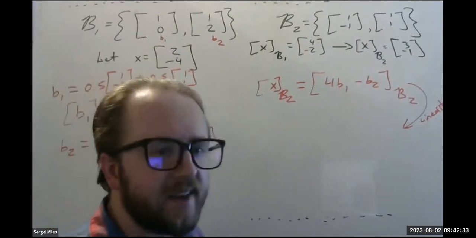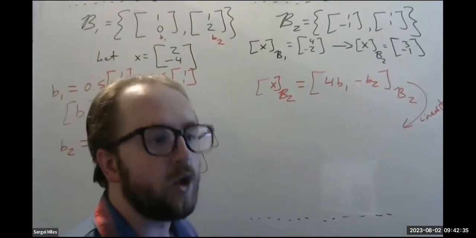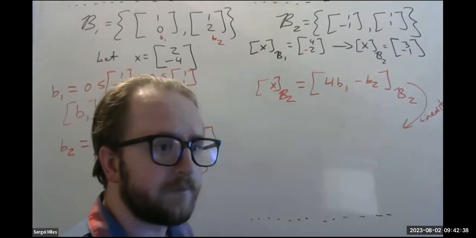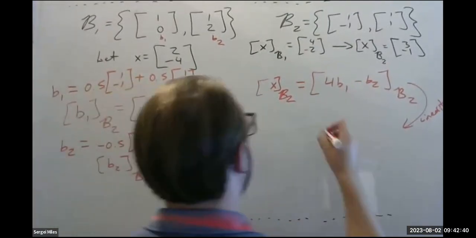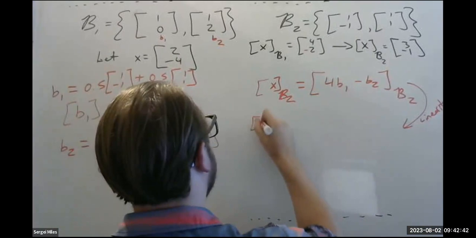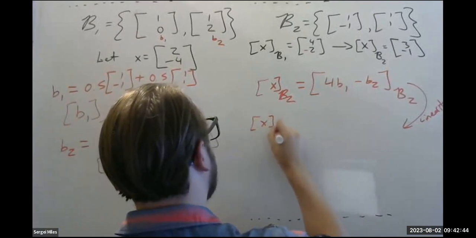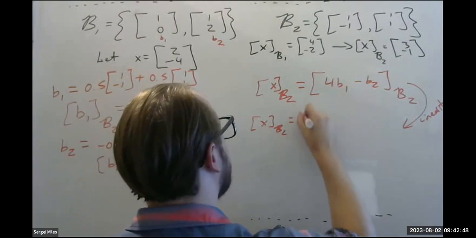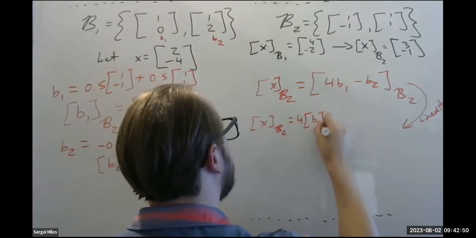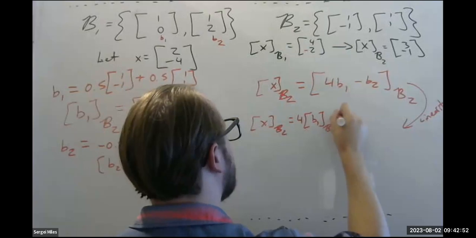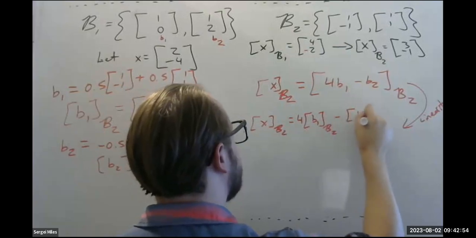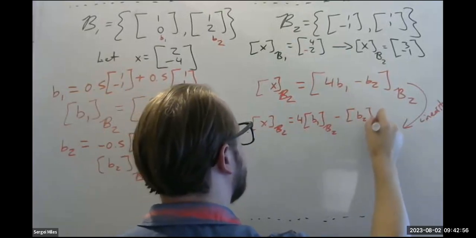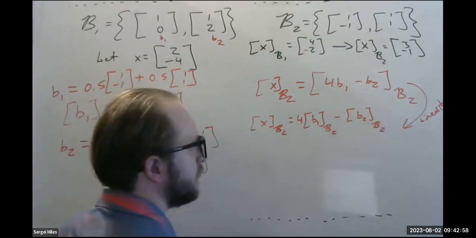Kind of. Okay, you get the idea. Bilinearity, we can do this next step, which says, well, because it's a linear transformation, I can pull this apart. This is 4 times b1 in terms of b2 minus b2 in terms of b2, right?